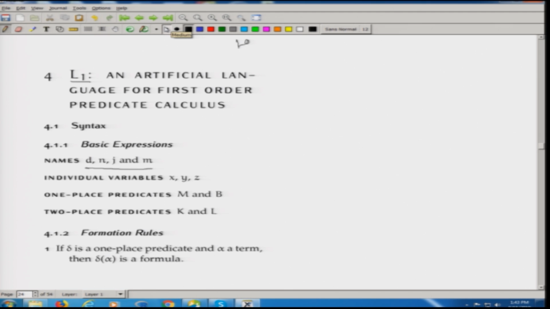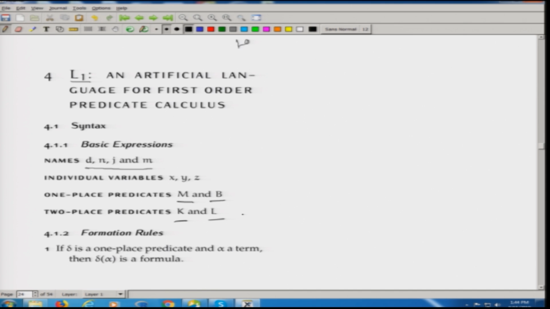So we just conveniently use 3 variables x, y, z. If we wanted more variables, then we would use V1 through Vn. Then we have 1 plus predicates as we have seen before, and 2 plus predicates. Formation rules are given here.